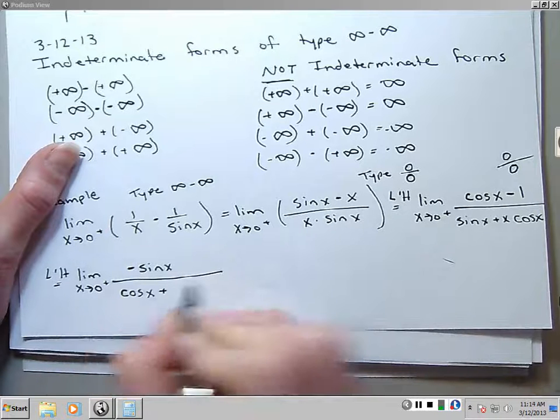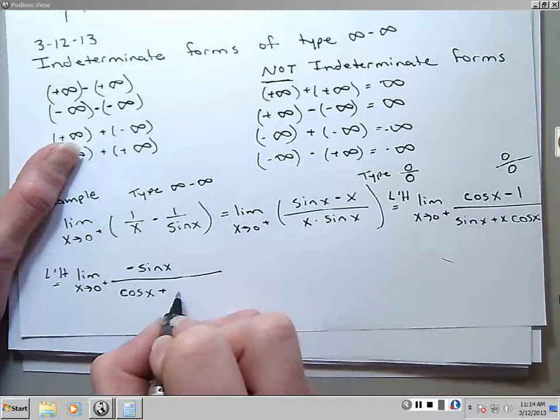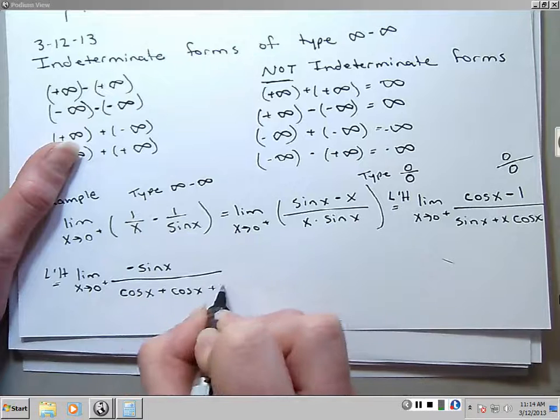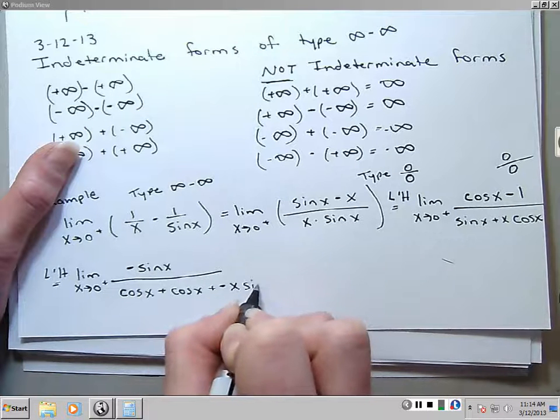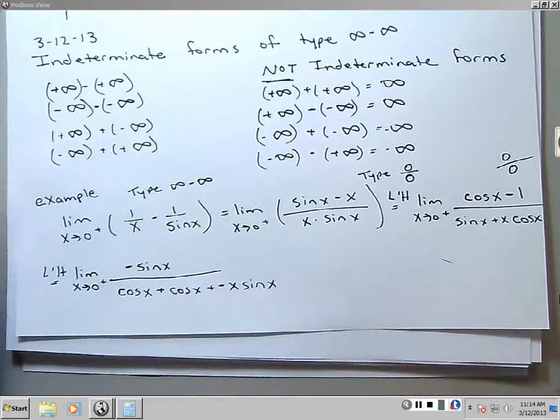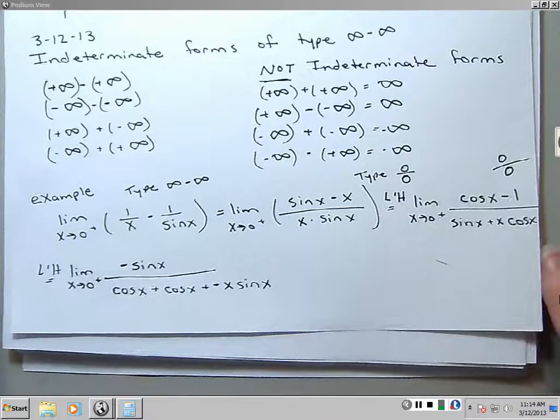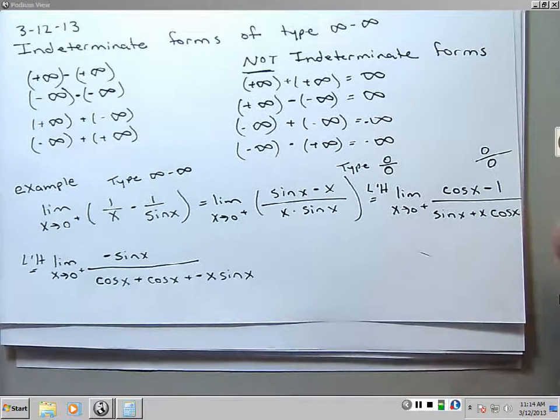Plus the derivative of x cosine, which would be cosine plus minus x sine, right? So you guys see how I do that? It's really adding a layer of a step here, because I can expect you to differentiate a function like this. I expect you to differentiate a function like this, so you should be able to differentiate both of those.